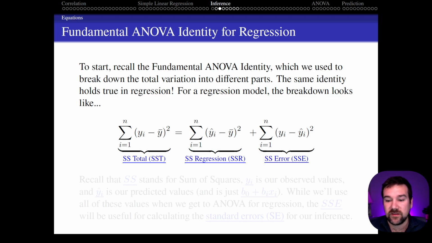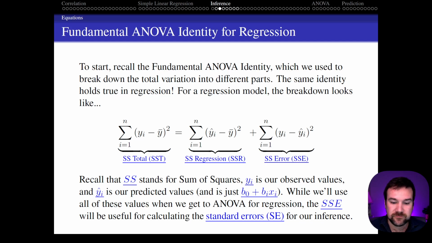And we get this quantity, the sum of squared error. Remember, SS stands for sum of squares, y is our observed values, y hat is the predicted values, and for that y hat, we wrote an equation earlier, y hat equals b0 plus b1x. That's completely true here.